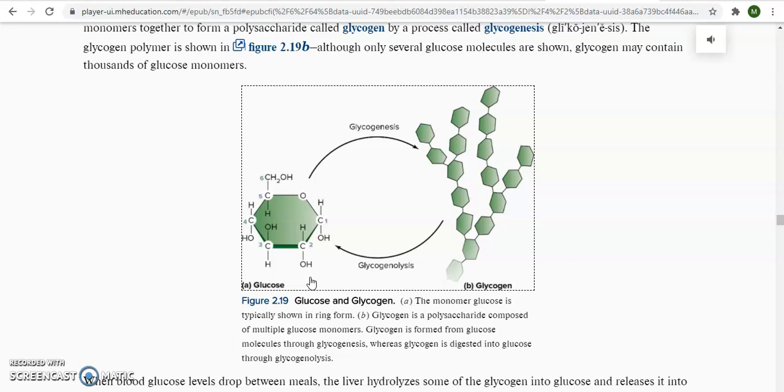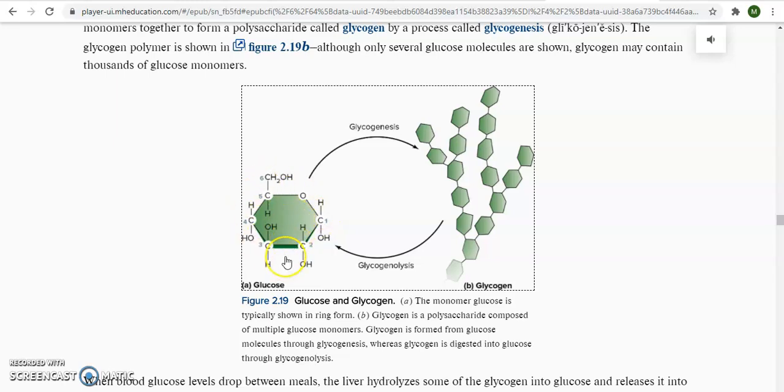And the examples are these two, glucose. Glucose is also generally called the blood sugar. Glucose is the form of the sugar that's circulating in our blood, so we'll typically call it that.